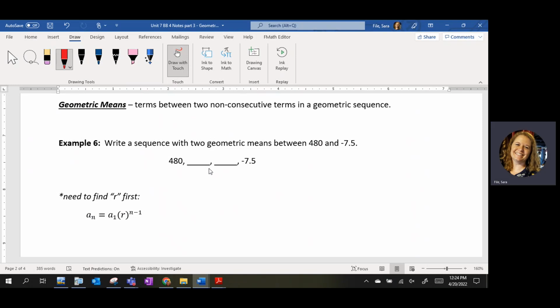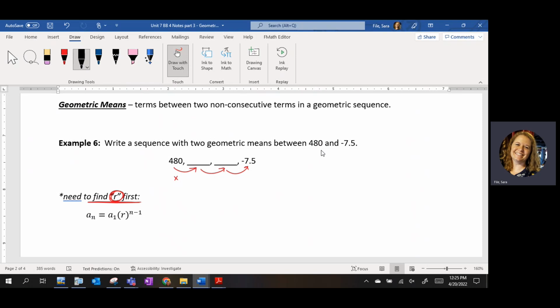We did this with arithmetic means in part 2, and to be able to do this, to continue the pattern with arithmetic, we had to find the common difference so we could figure out what we are supposed to add again and again to get there. But this is geometric, so we're looking for what we are supposed to multiply to get from here to here to here, right? We're looking for our R. We have to find our common ratio first.